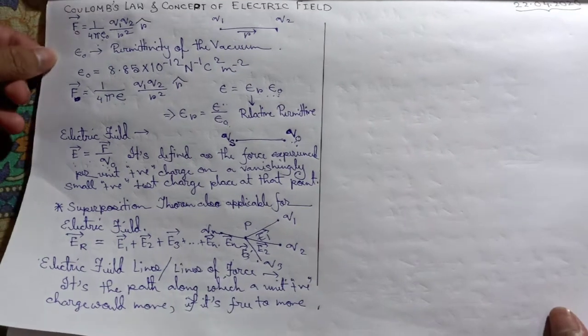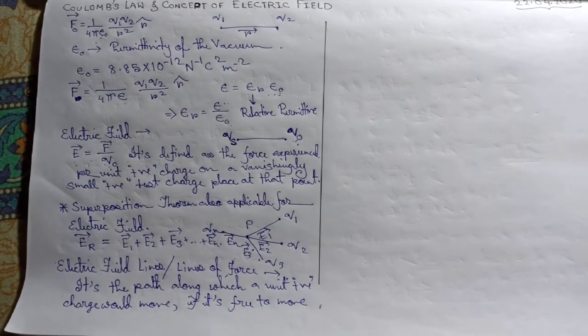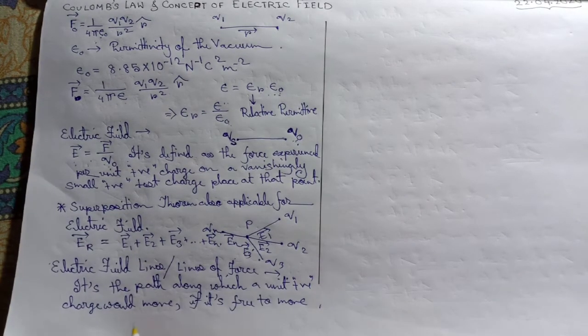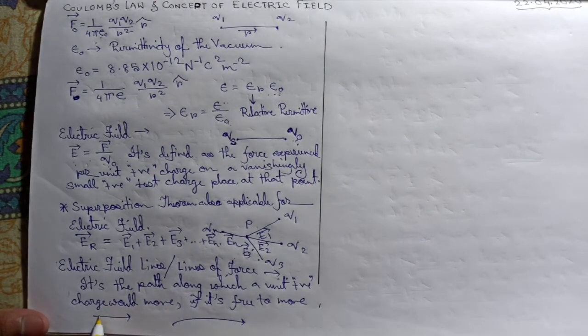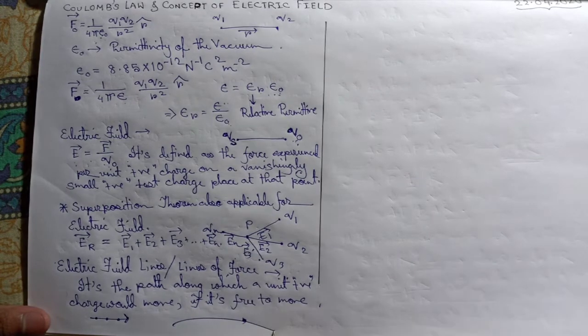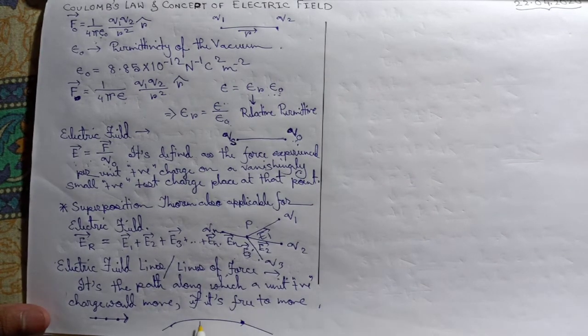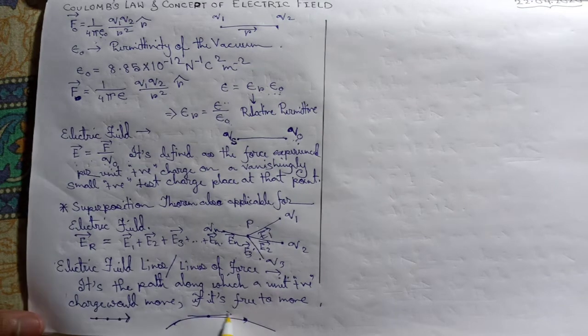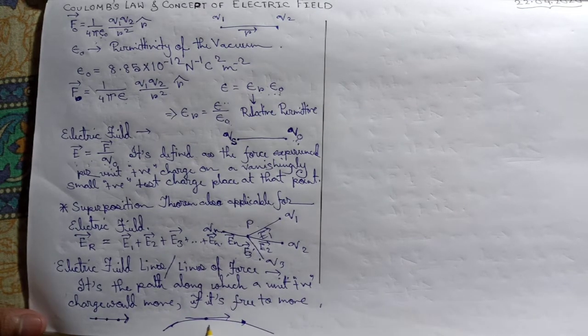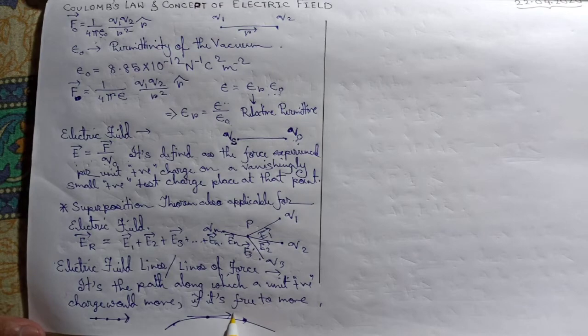This is the line of force, or electric field line. The electric field lines can be straight or curvilinear in nature. If it is a straight line, then at every point the direction of the electric field line is along the arrow. But if it is curvilinear in nature, then at any point the direction of the electric field line will be the tangent. We have to draw the tangent at that point, and that direction will be the direction of the electric field line.